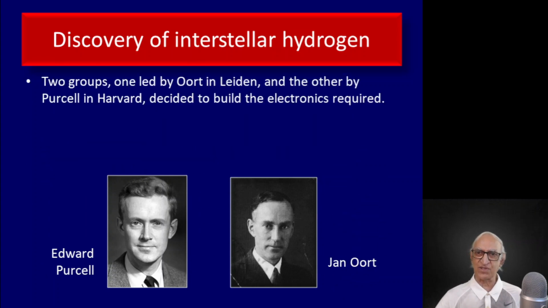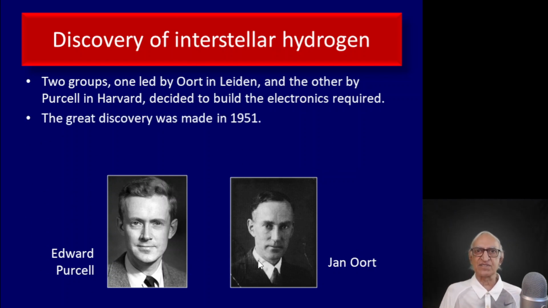So there were two groups, one led by Oort in Leiden and the other by Purcell at Harvard. Edward Purcell's student was Ewen and Jan Oort's student was Müller. And they both discovered this 21 centimeter radiation from the interstellar hydrogen atoms in 1951.